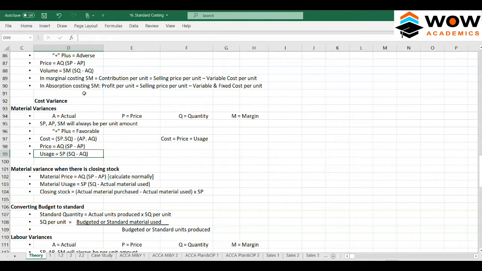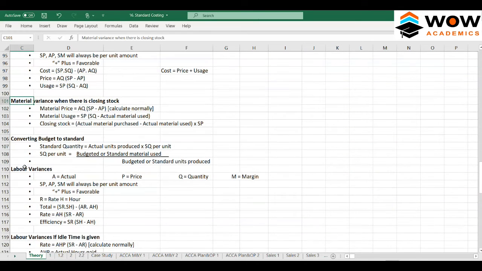This is similar to the volume variance you saw earlier. So SP into SQ minus AQ. That's about the formula here. Add both of these and you will get the cost variance. So that's about material here. We are not going to look at closing stock.